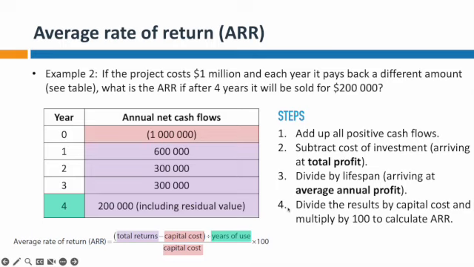And then divide the result by the capital cost and multiply by 100 to get the ARR as a percentage. So in this case, what would be the ARR? So my result was 10%.